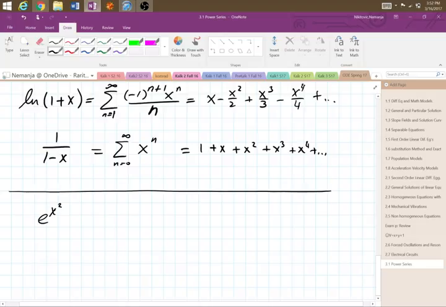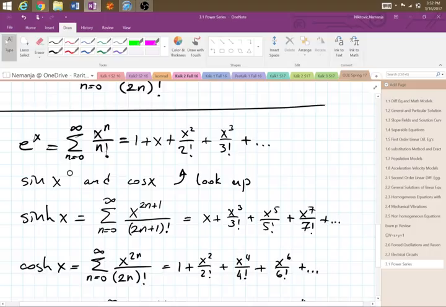Now, what's a better way of integrating than just turning it into a power series? But there is an issue. You know the power series for e to the x. Why? Because I wrote it, and from now on it's understood. You are very familiar with the e to the x expansion. But the question is, what's e to the x squared? Well, that's when you yank out every single x and you put x squared instead of it.